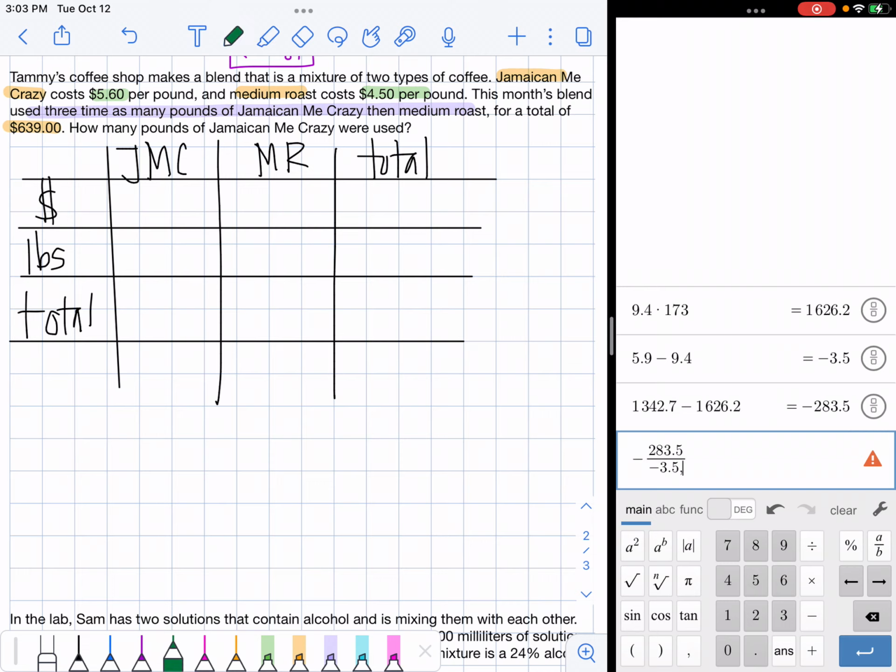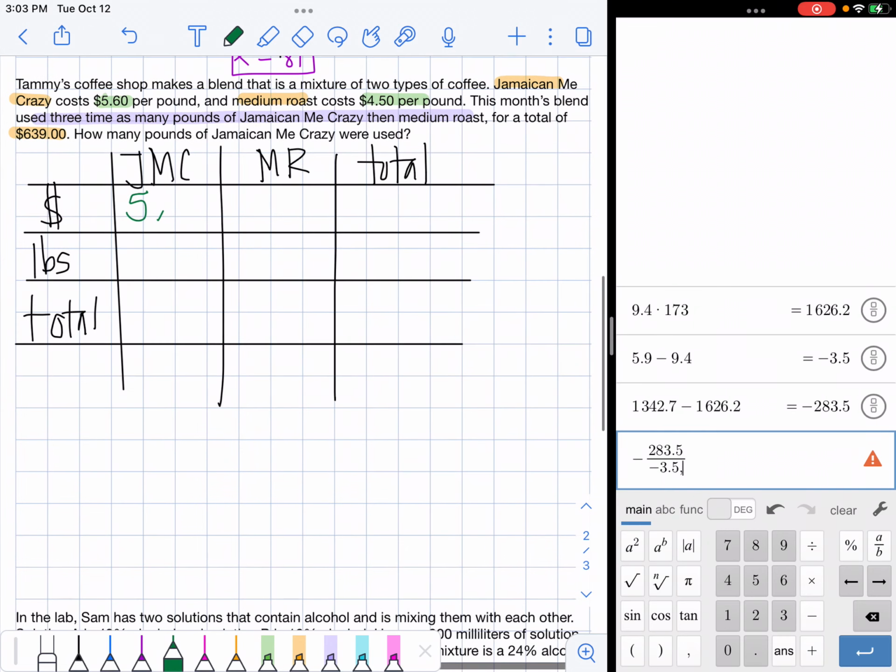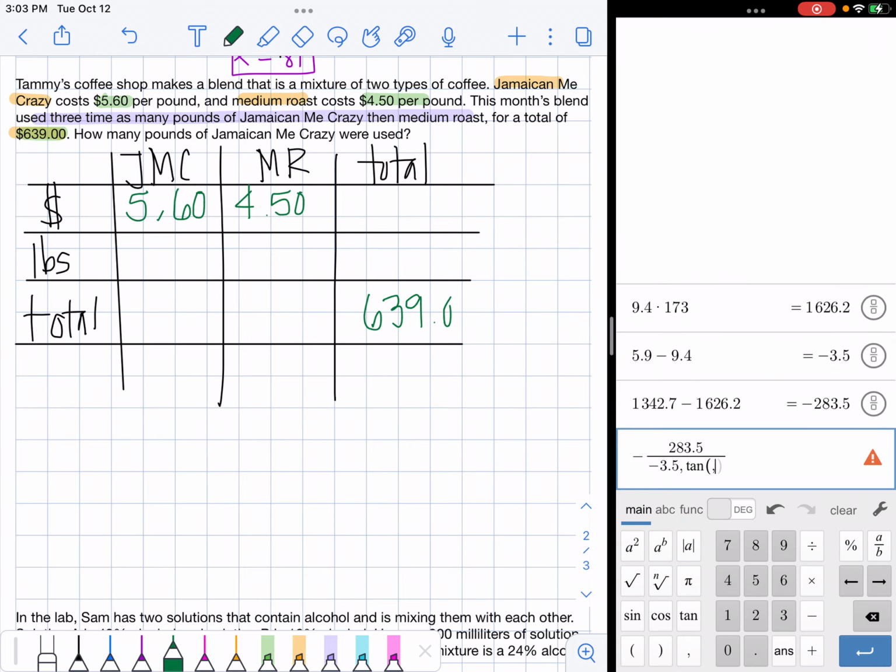Jamaican Me Crazy costs $5.60, and medium roast costs $4.50. Oops, I should have highlighted this one in green, sorry. The money should be green. And the total sales, $639.